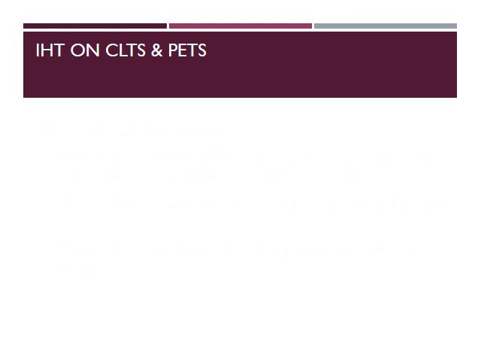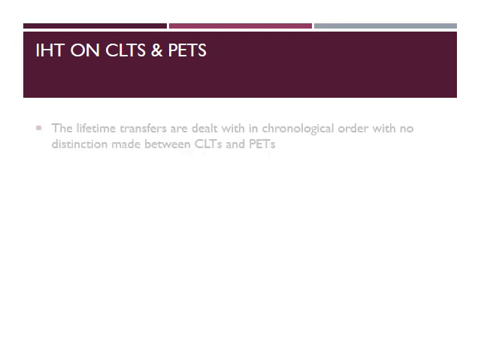So how do we go about calculating any inheritance tax on chargeable lifetime transfers and potentially exempt transfers? Well, what we do is we deal with these types of transfers in chronological order. We make no distinction between the two different types.